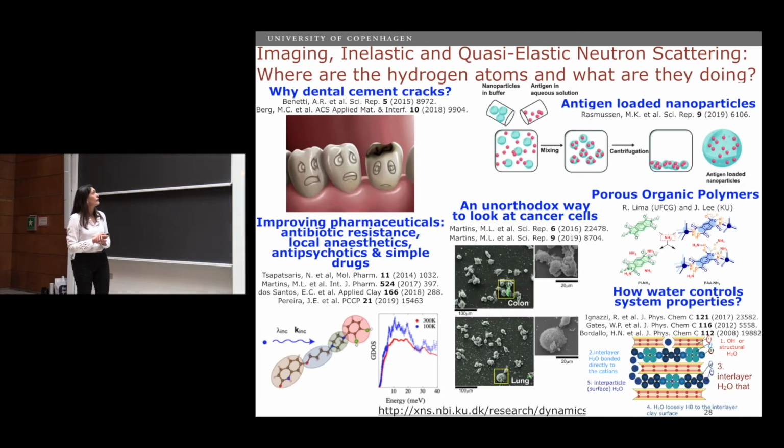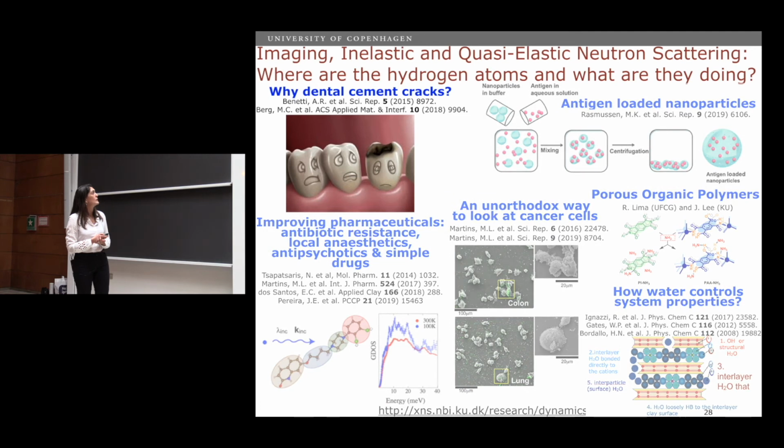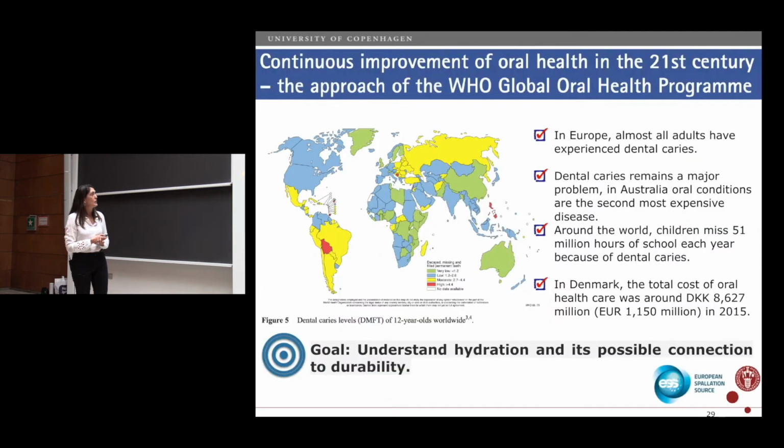In the case of dental cements, what we want to understand is hydration, because you know that sometimes your filling from your caries cracks, and it cracks because, again, you have liquid diffusion, and you have a porous system, and because you have this diffusion, the material cracks.